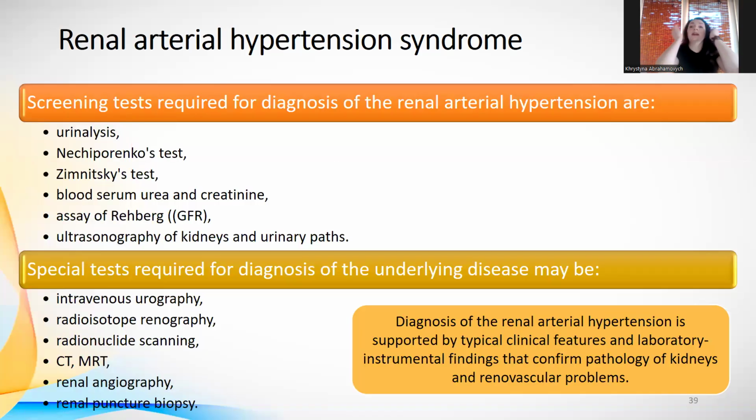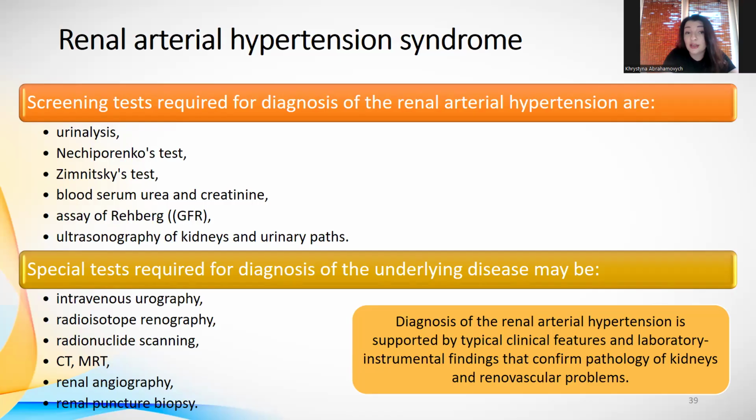Now, screening tests which should be used in diagnosing renal arterial hypertension: simple urine analysis, Nechiporenko test, Zimnitsky test, blood serum urea and creatinine, Reberg test to measure the glomerular filtration rate, ultrasonography of the kidney and, if necessary, urinary pass.